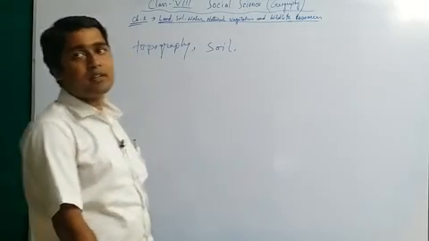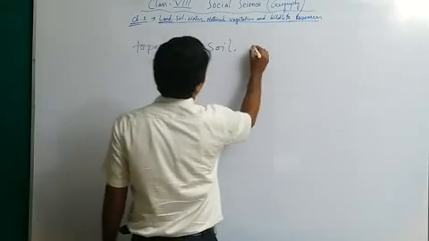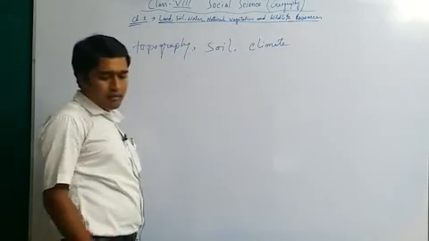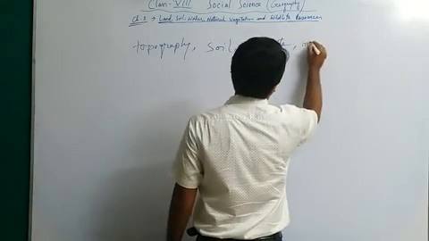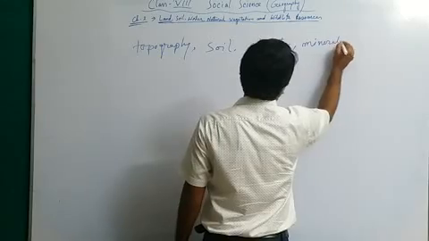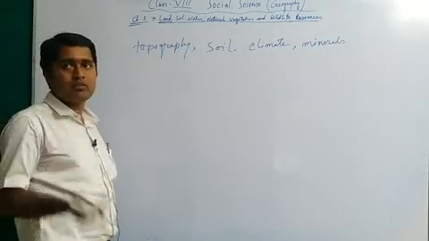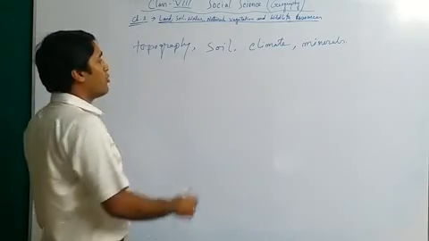That's why land use differs from place to place. Topography, soil, climate, which depends on climate. Then minerals: which type of minerals are deposited in that particular area. That's why mining activity is found in some places, and also the availability of water.